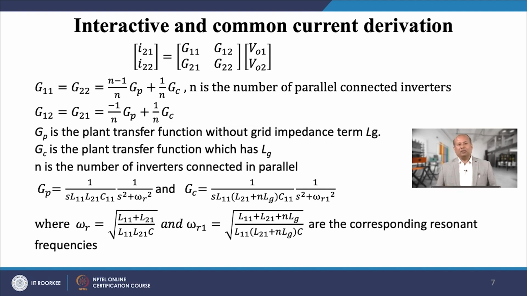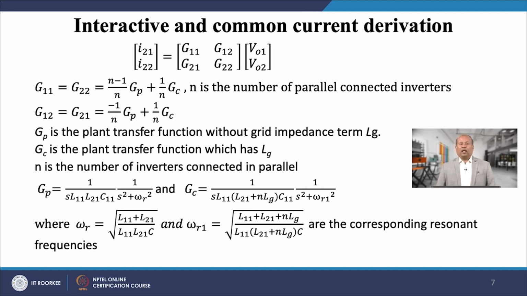The elements G11, G12, G21 and G22 contain two plant transfer functions, GP and GC, and these two transfer functions are identical except that GC has the grid impedance term LG. Additionally, these transfer functions contain the information of resonant frequency points omega r and omega r1, which are without and with grid impedance LG respectively.